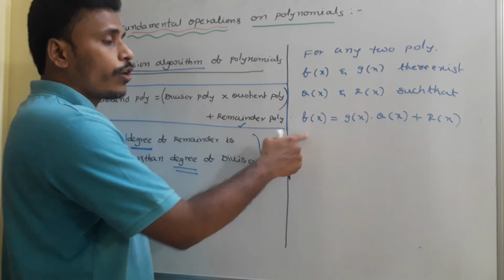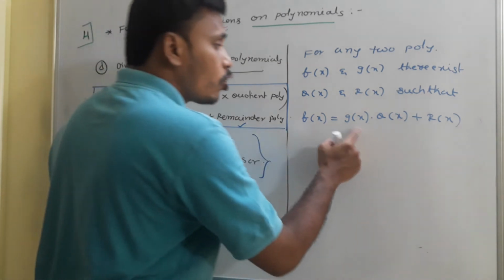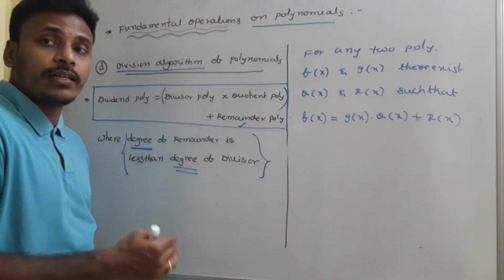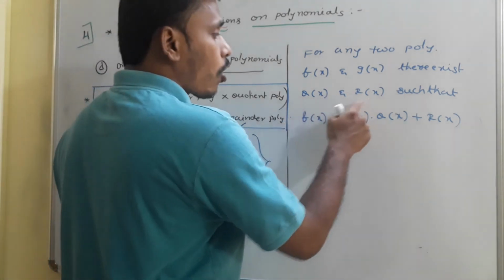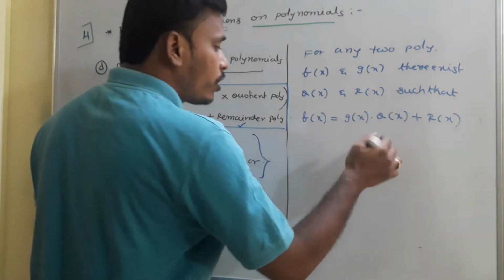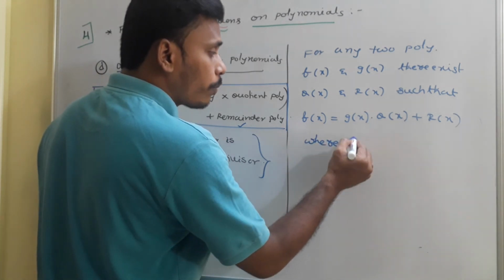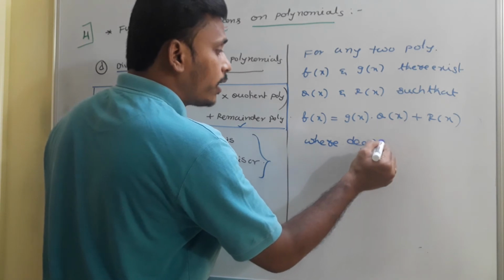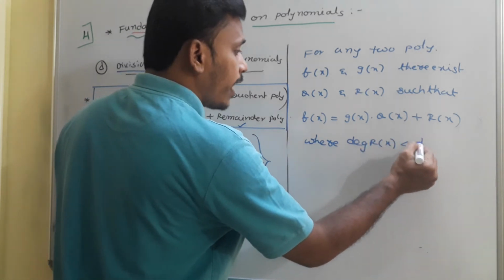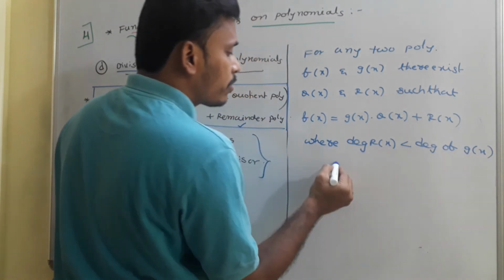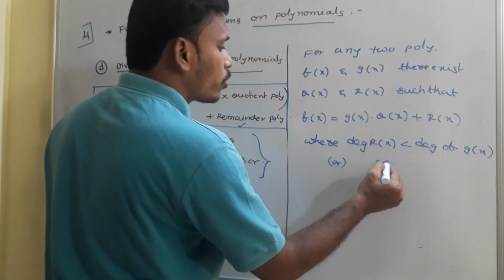If you treat f of x as the dividend and g of x as the divisor, the newly derived q of x and r of x are the quotient and remainder. This statement will hold, and you need to confirm that the degree of the remainder polynomial r of x is less than the degree of g of x, or sometimes r of x may be directly equal to 0.